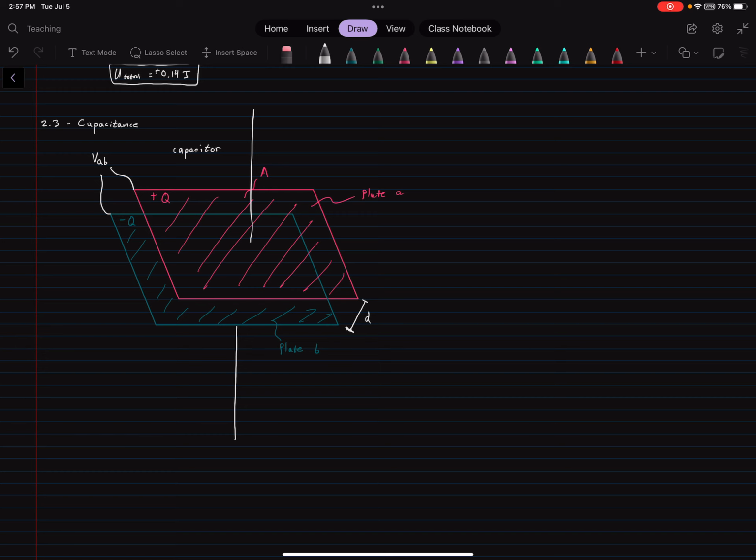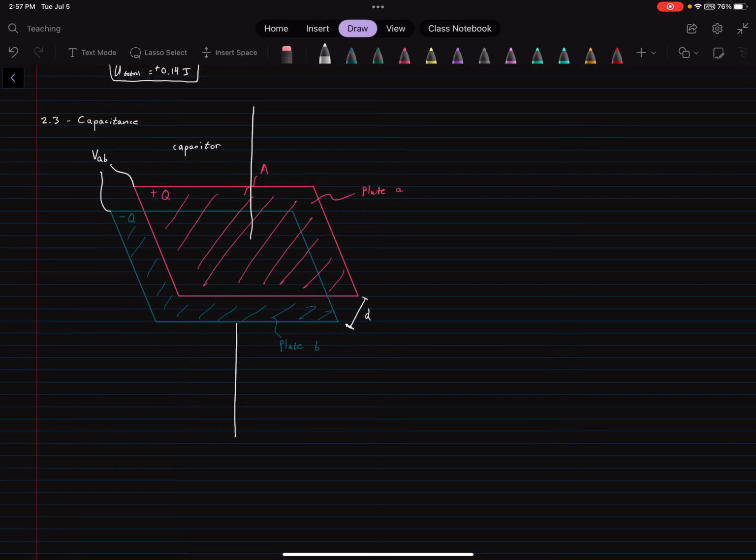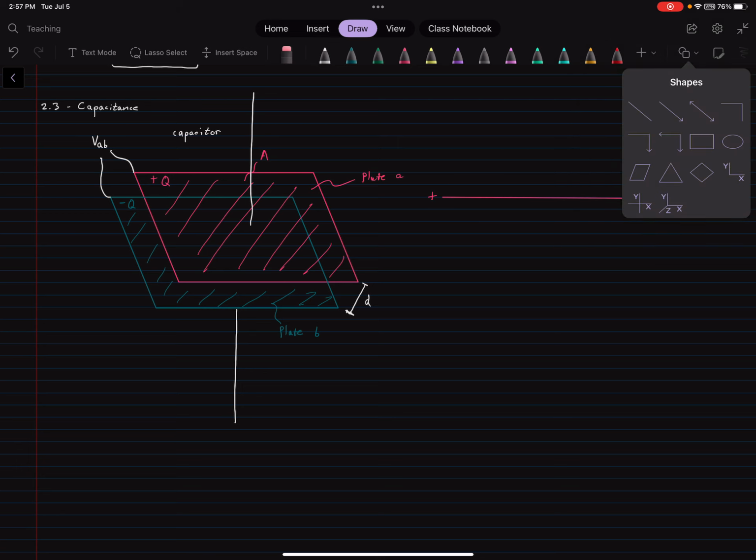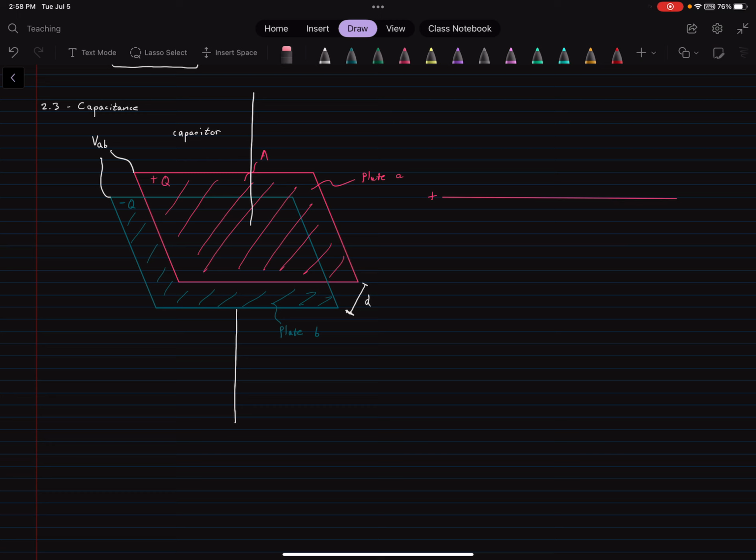But there's just two conductors that have opposite charges separated by some distance d here, and therefore you get an electric field in exactly the same way we've described before. You have a positively charged plate up here, and a negatively charged plate down here, that's your plate B. And so you get an electric field from positive down to negative.